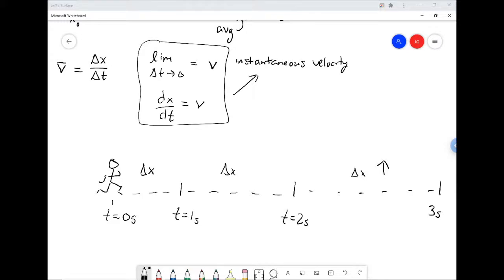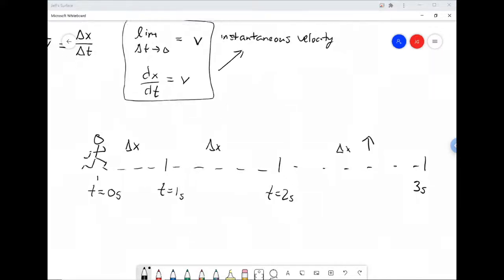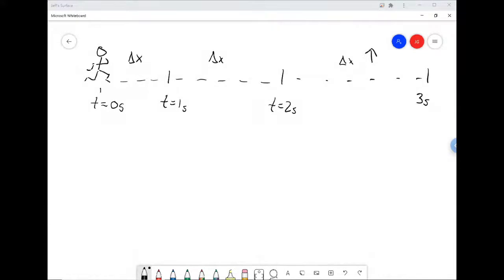So what I'm doing here is showing you an example of a guy running and accelerating. And acceleration is defined, average acceleration is a change in velocity over a change in time. And just like before with velocity, we can say, well, what happens as that interval of time gets smaller and smaller?